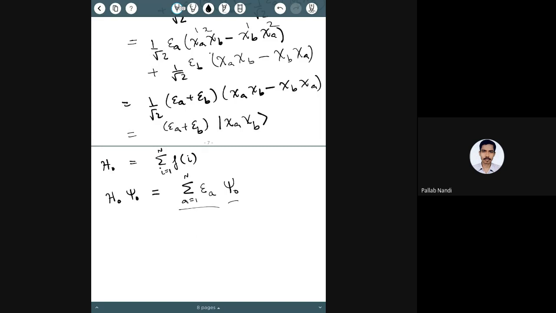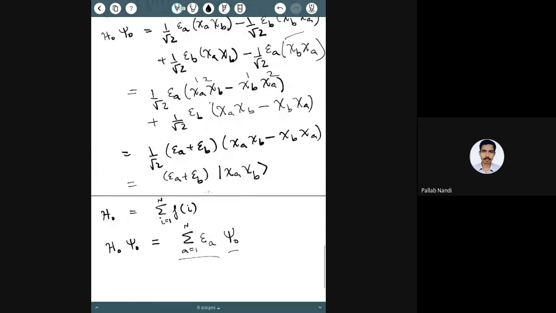Yeah, the sum of all the energies of the orbitals. So all the orbital energies in the determinant. So that is the answer of the Hartree-Fock equation.